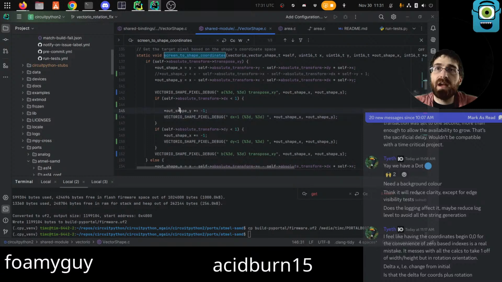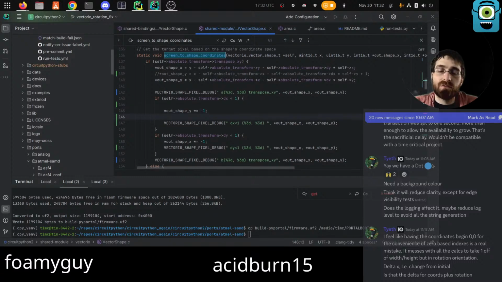That is setting our shape y. So maybe we need to flip it and minus by 1. What happens if you do a -1 here? I don't know how order of operations is going to treat that. I'm just going to also do another that way.